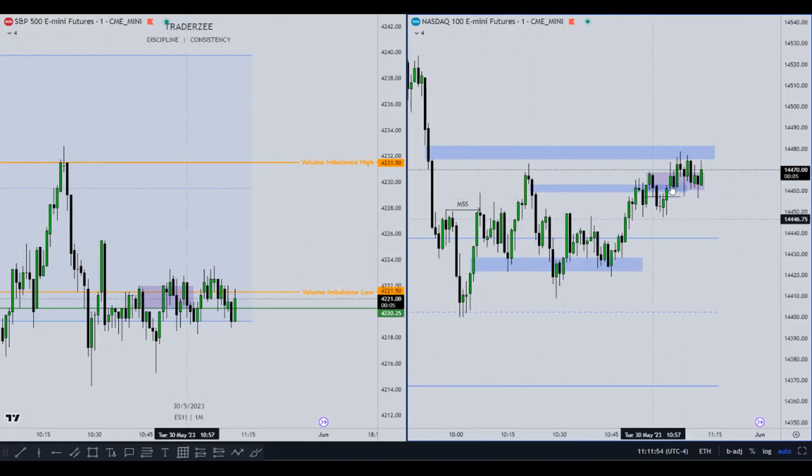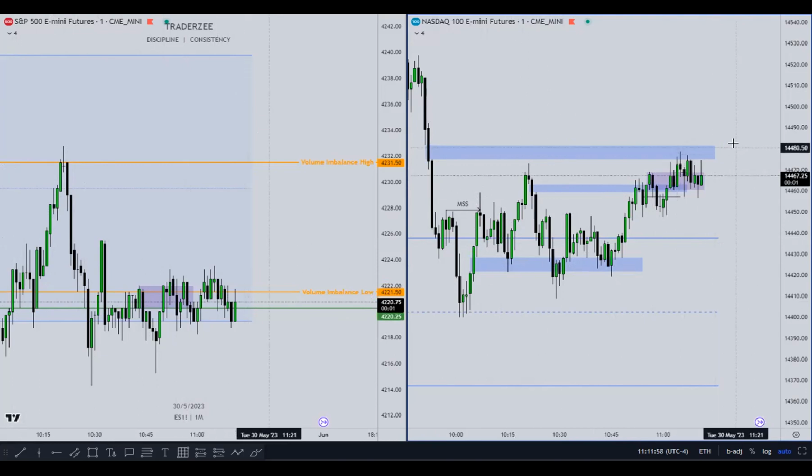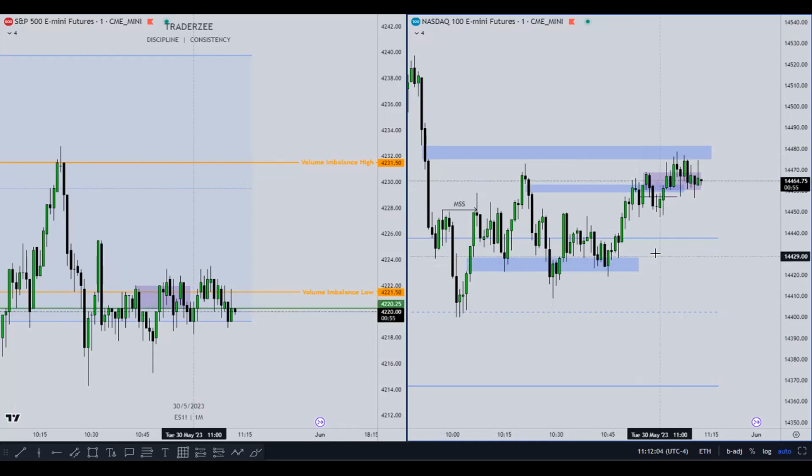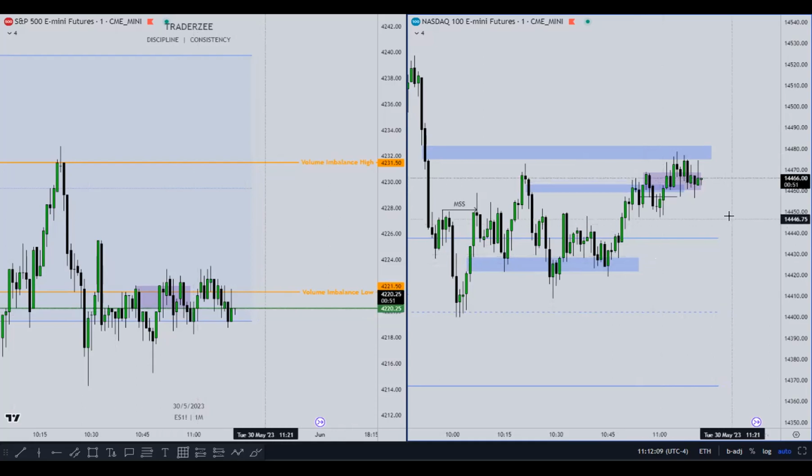I would not have been a part of this move, and I'm happy to not be a part of this move. Understand the market conditions that you are in, and all the models will work. Today is not a condition or an environment that you want to be a part of. I'm sorry about my grammar, but you get the point.